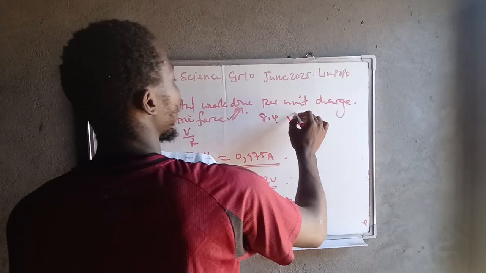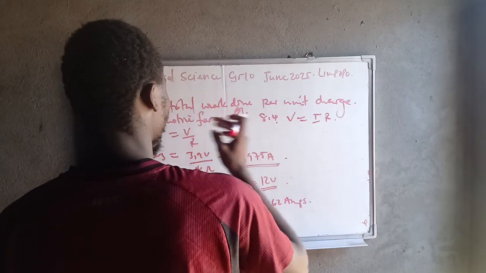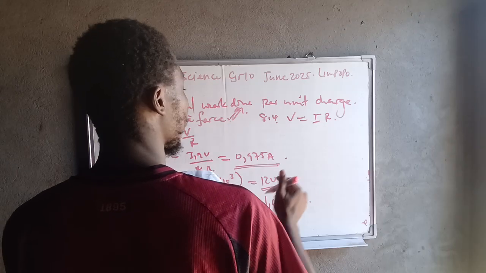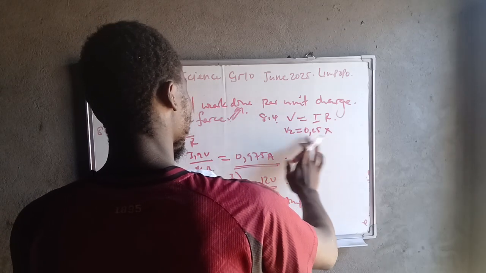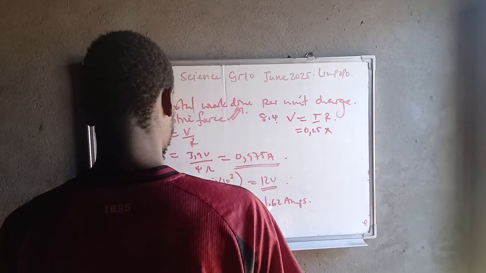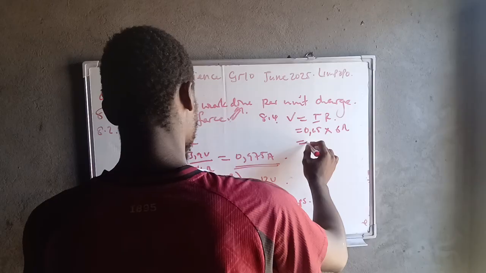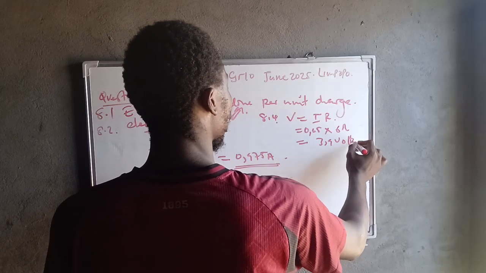So we can now say voltage equals current times resistance. So V2 equals 0.65 times 6 ohms, which is the resistance. So we're going to get 3.9 volts.